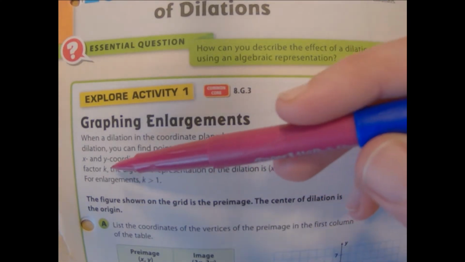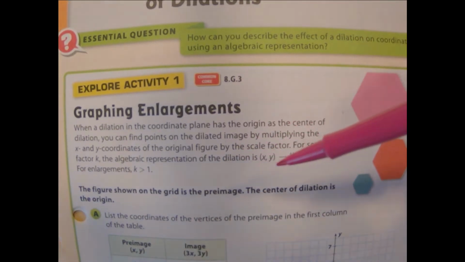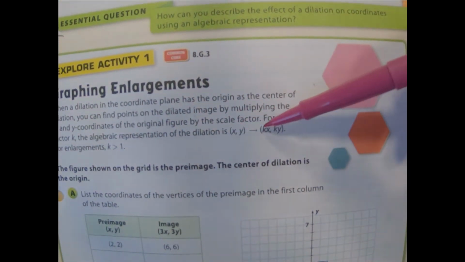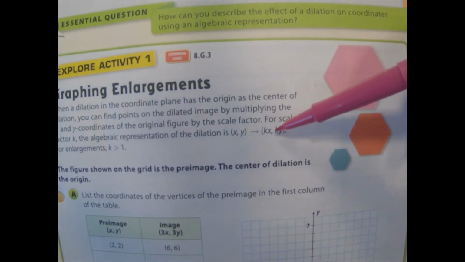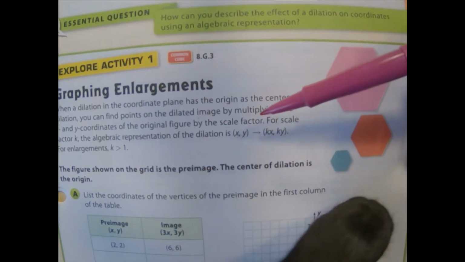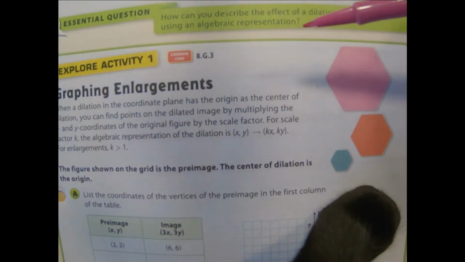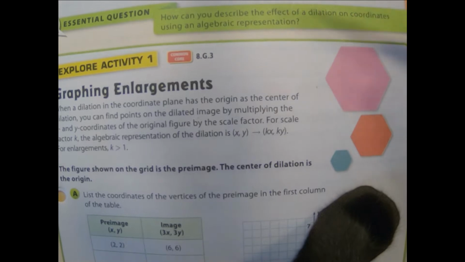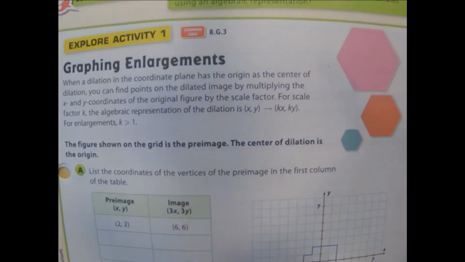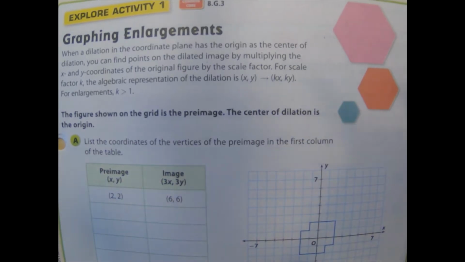For scale factor k, the algebraic representation of dilation is (x, y), the original coordinates, becoming now (kx, ky). For enlargements, k is greater than 1, right? That makes sense because if I want to enlarge something, I need to make it greater. And if I want to reduce something, I'm going to multiply by something like a scale factor of a fraction.